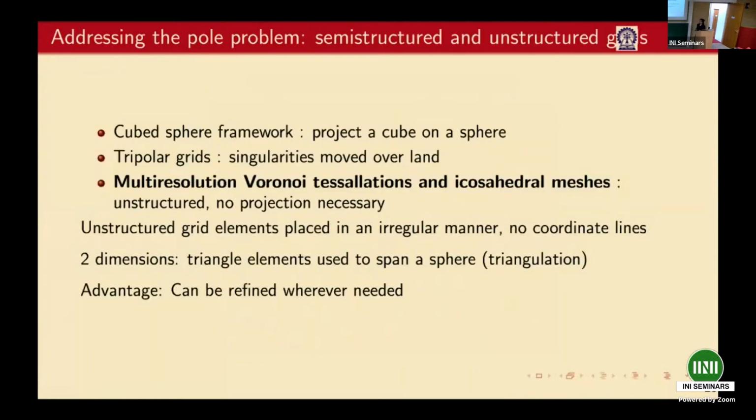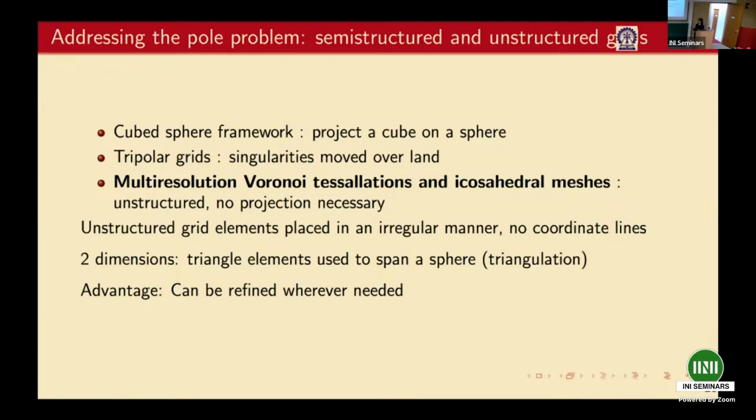Now, there have been many ways the problems are addressed. I will just talk about the grids which are used to solve the polar singularity. Those are called semi-structured or unstructured grids. For example, the cubed sphere framework is one of the ways the pole singularity is avoided, where you basically project a cube onto a sphere.